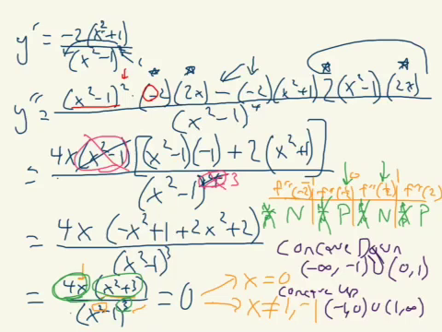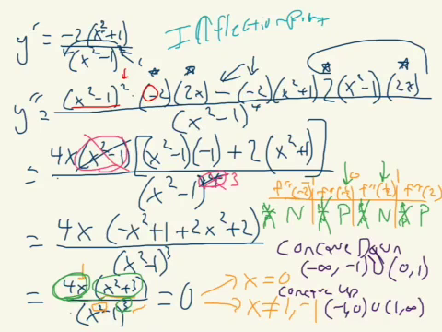And that means we have a single inflection point. Bear with me, I'm going to put this at the very top. Our inflection point is going to occur, well, it looks like we could have three inflection points, because we have 3 places where the concavity changes, -1, 0, and 1.